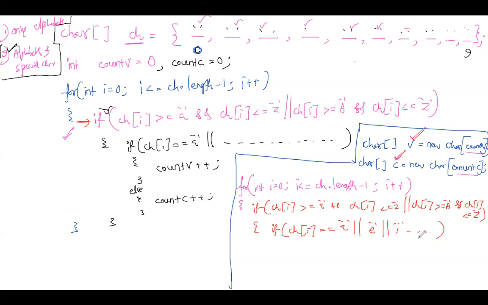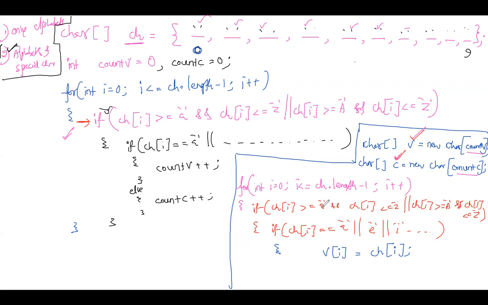Correct? So here is the important point. Inside this one, if it is a vowel, which element do we have to copy? Ch of i we have to copy into V of what? Can I use V of i? Yes or no?